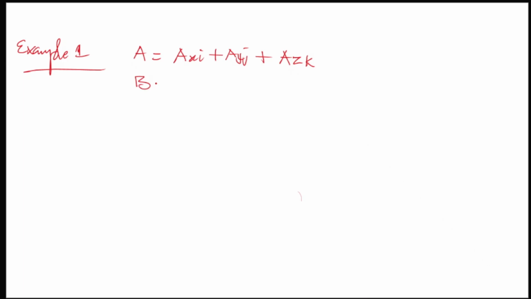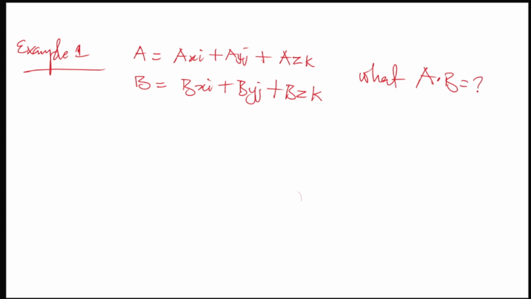So we are given another one, B, to be BXI plus BYJ plus BZK. How do we go about it? You are now asked, what is A dot B? Simple question. What is A dot B?